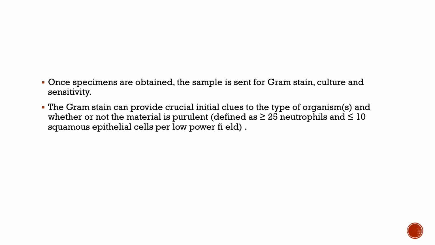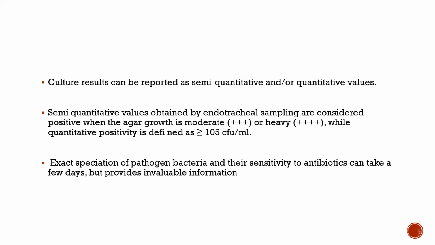So gram stain can provide crucial initial clues to the type of organism, and whether or not the material is purulent. The purulent material here is defined as greater than or equal to 25 neutrophils and less than or equal to 10 squamous epithelial cells per low power field. Culture can be reported as a semi-quantitative or quantitative value.